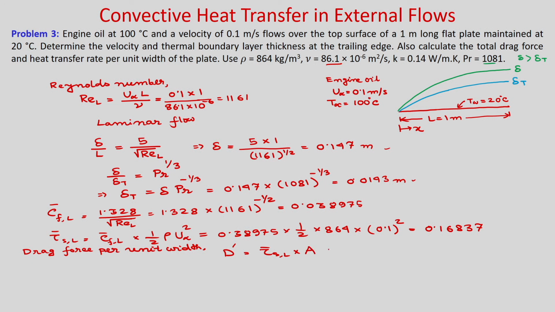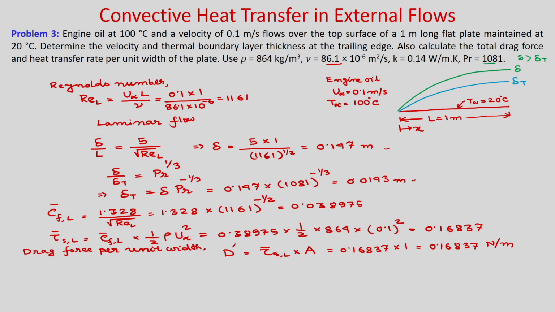Per unit width we are calculating, so area is length into width, into 1. We are considering only the top surface of the plate, because it is written that flow is over the top surface. So, it will be 0.16837 into the area on the top side, L into 1, so it is 1. Okay. So, you will get 0.16837 Newton per meter.